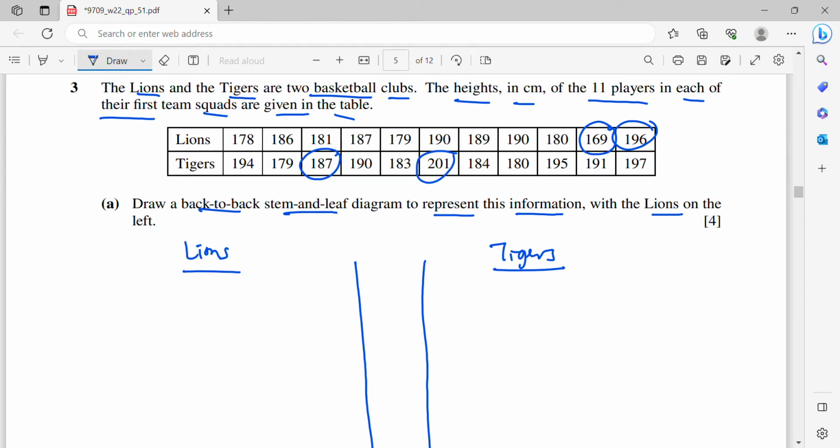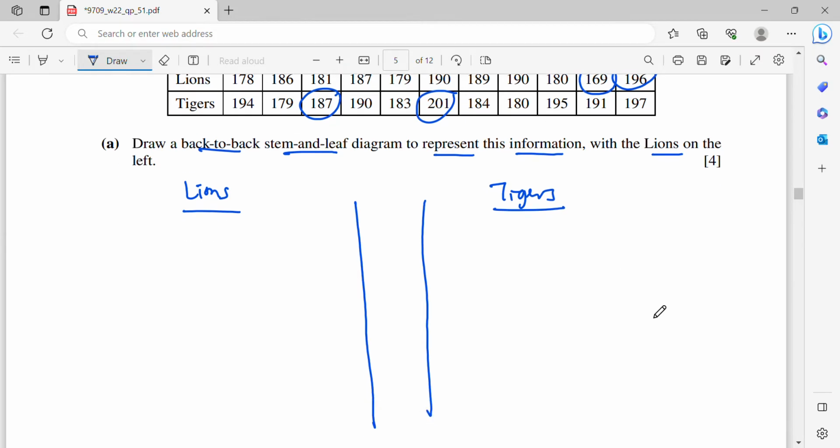Since the smallest for the Lions is 169, here I will start with 16, then 17, 18, 19, 20, and that's it, because the biggest for the Tigers is 201. So let me rewrite 16, 17, 18, 19, 20.